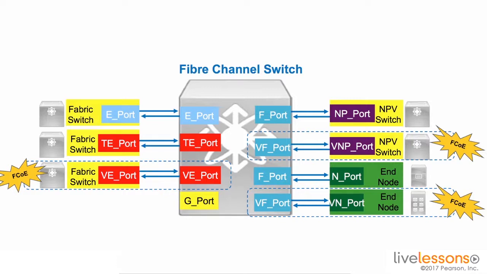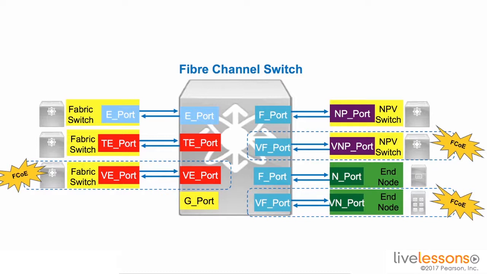The fiber channel switch will be an F port or a fabric port. In FCOE, we connect over Ethernet, and we actually create virtual instances of these ports. So you'll see right below that there is a virtual node port and a virtual fabric port, and we'll learn more about that later on.